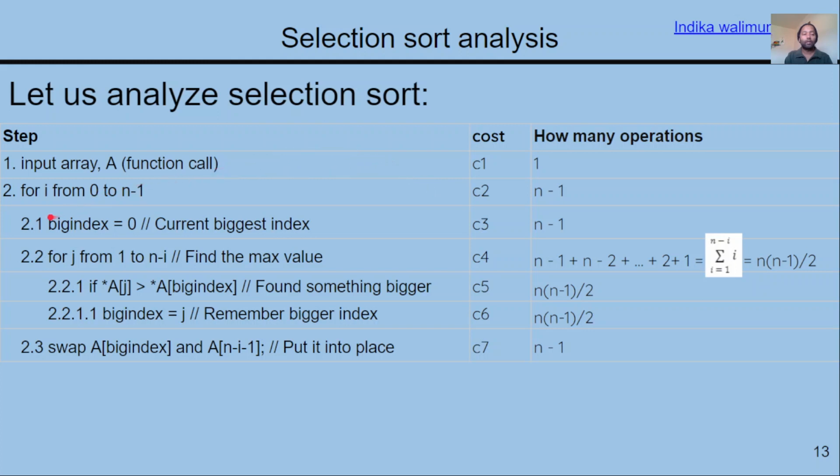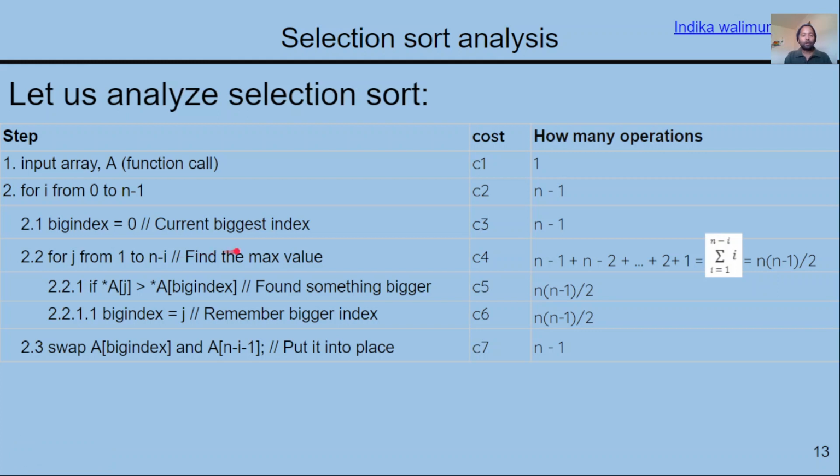Then we go inside, and we assign big index to 0, and then we need to find that big index. So inside the for loop it runs how many times again? N minus 1. Then we run inside the inner for loop, which runs from 1 to n minus i.